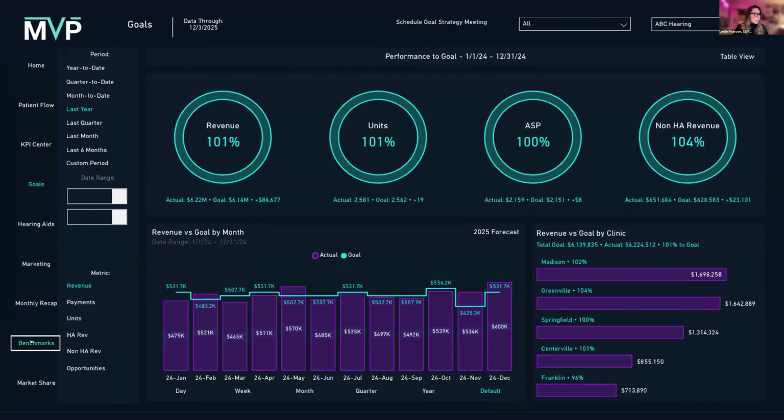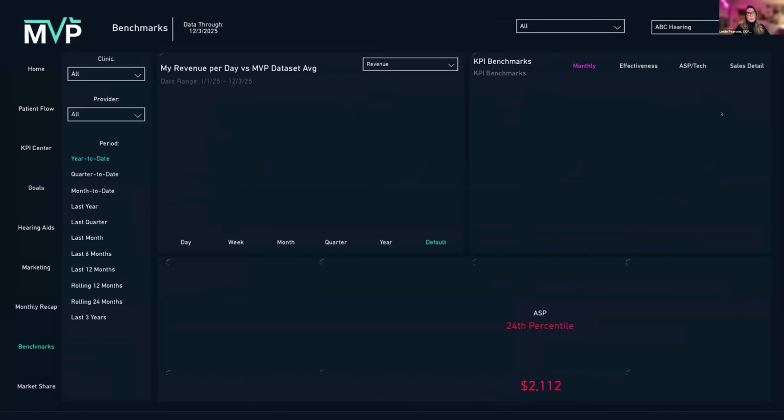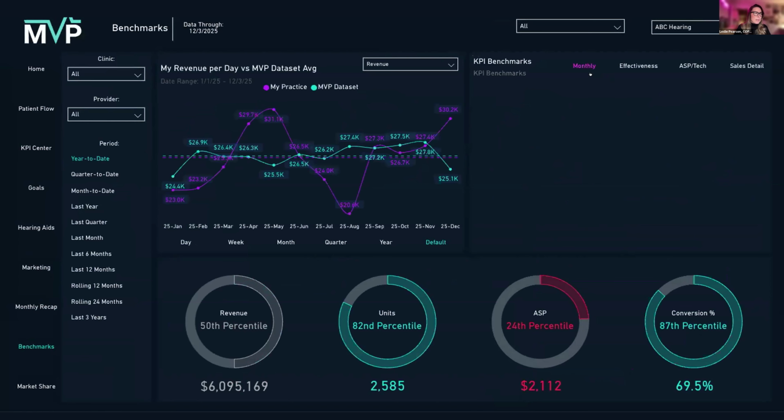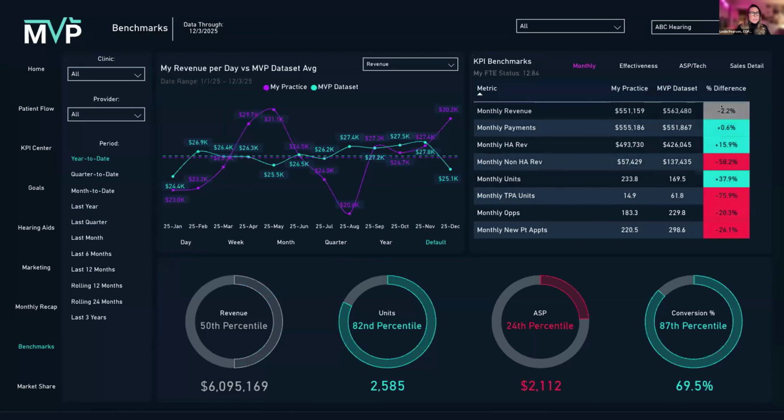We also look at the benchmarks tab. So for maybe newer or faster growing clinics that don't have a lot of historical data, being able to go in and look at these KPI benchmarks, which is going to pop up in a moment, basically it's going to use your practice's FTE status and give you some good benchmarking on what the MVP data set shows compared to practices of your similar size.